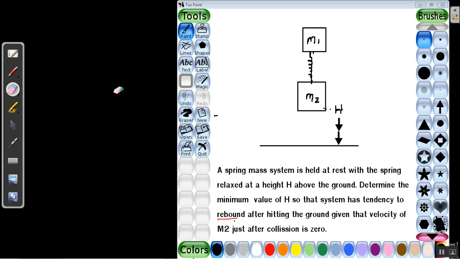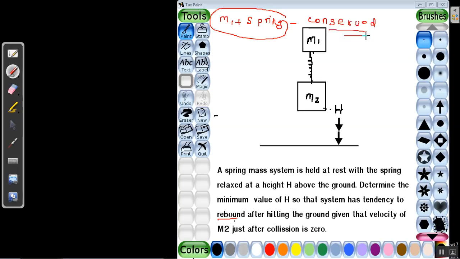So the important thing you should consider is that the energy of m1 plus spring is going to be conserved, because there is no external force working on it.